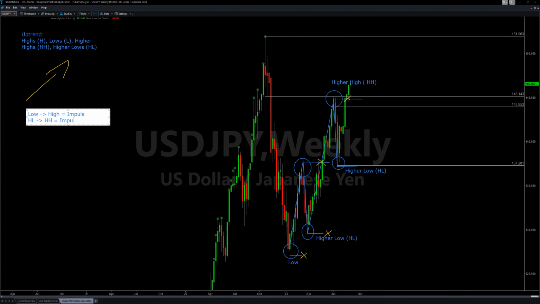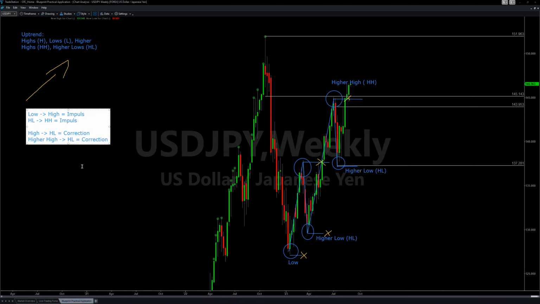is also the impulse. The movement from the high to the higher low is the correction. And the movement from the higher high, of course, to the higher low is also the correction.